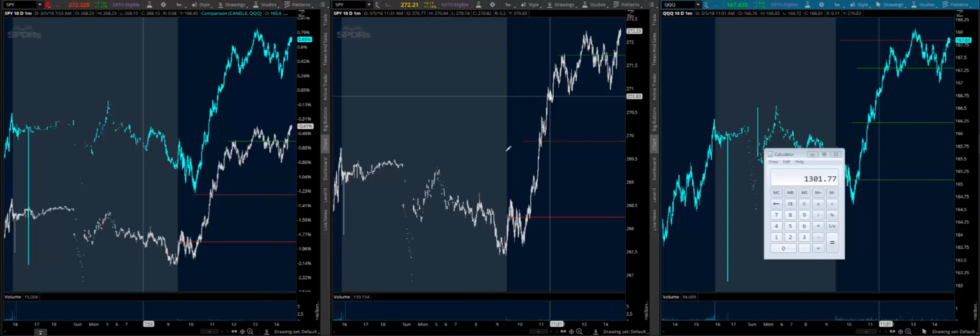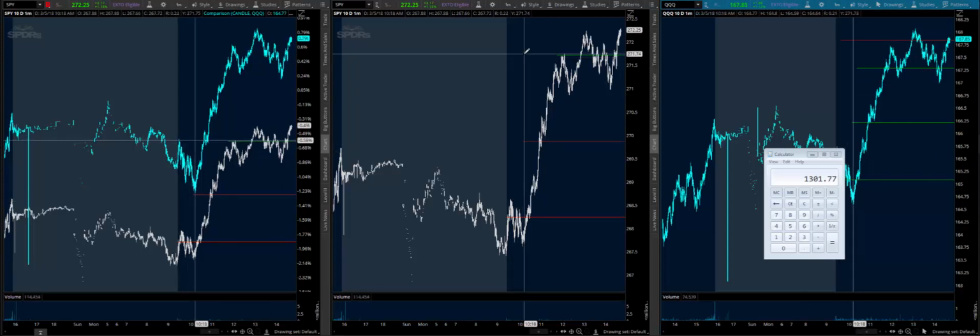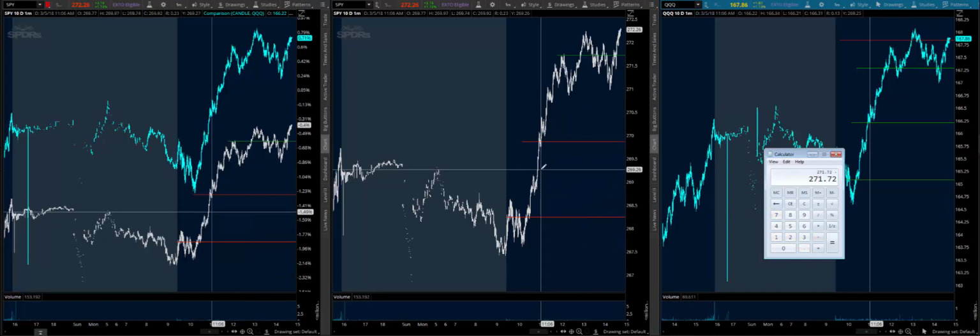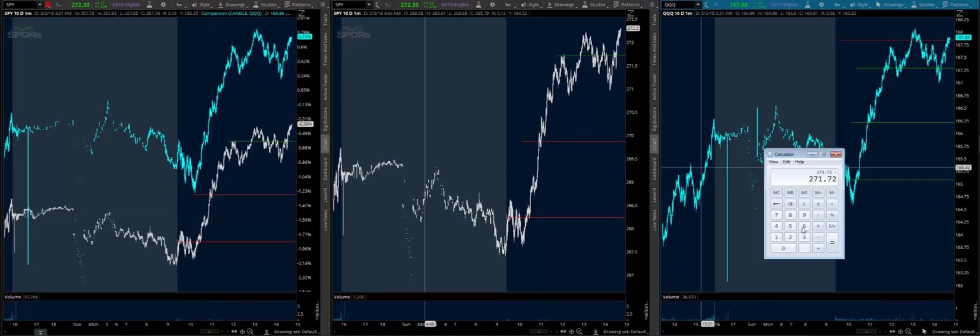Our entry was, it's going to be 271.72, right? 271.72, subtract our entry price, which was 269.87, equals $1.85, times 371 shares equals a loss of $686.35.